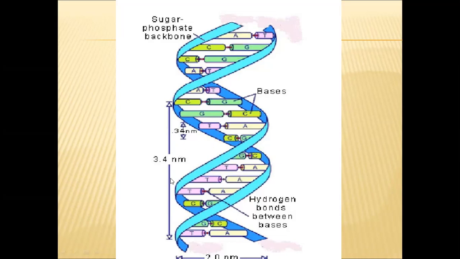In each turn, two grooves will be there: one major groove and one minor groove. Here also, if we consider this polynucleotide chain, it started its turn here and the turn ends here. In this complete turn, this is the minor groove and this is the major groove. So one major groove and one minor groove will be there.